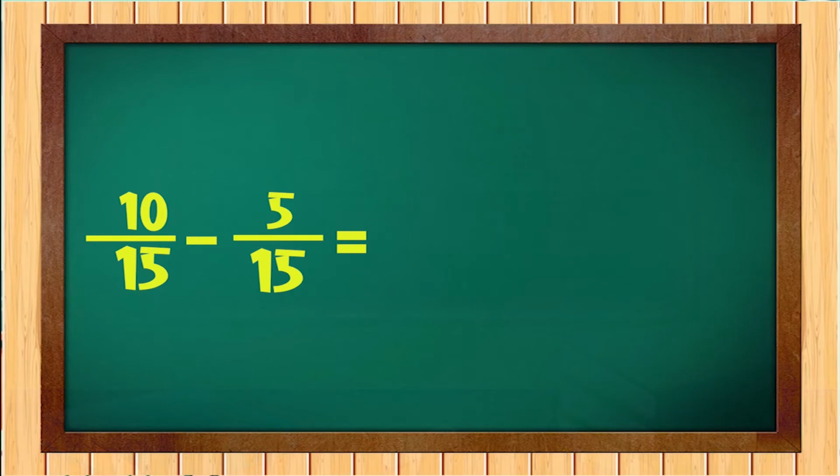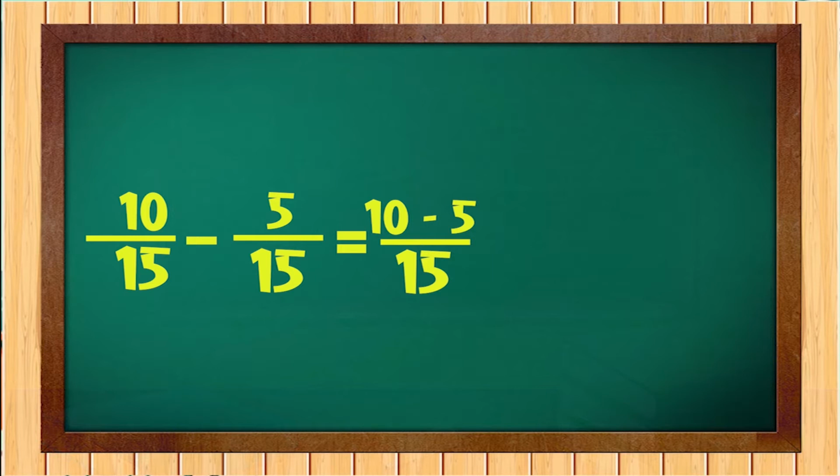10/15 take 5/15. Of course, our denominators are the same and we never subtract them. Our numerators are 10 and 5 respectively. So we place our numerators 10 take 5 over 15, the common denominator.